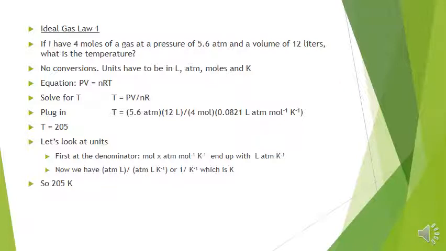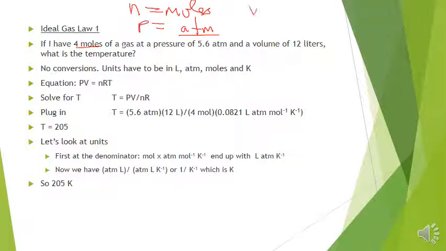All right, ideal gas law. For the ideal gas law, you have to be concerned with units. N will always be in moles. Pressure will always be in atmospheres, so if a question asks you for pressure, you're going to have to answer in atmospheres, not PSI or whatever.